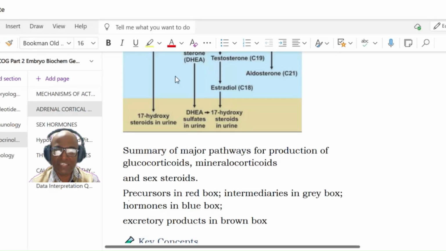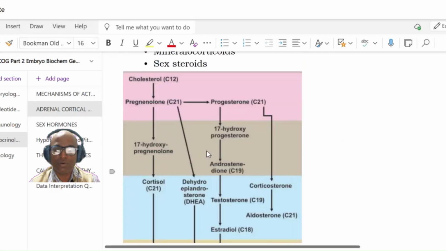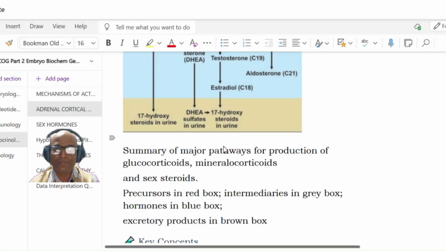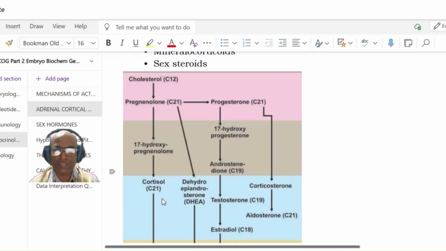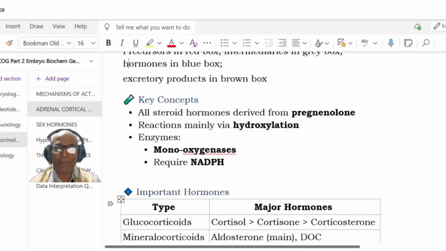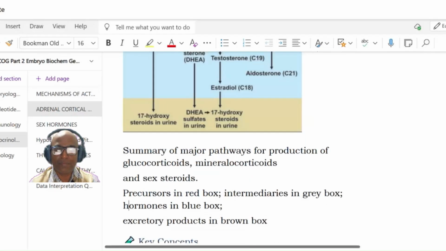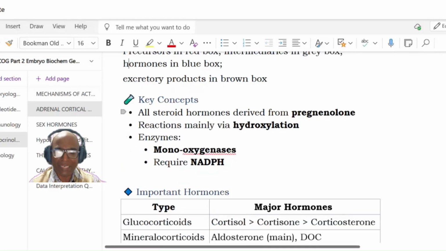Precursors are in the red box: cholesterol to pregnenolone to progesterone. Then the intermediate products in the gray box and the main hormones in the blue box. Cortisol, DHEA, testosterone, aldosterone are the main hormones, while the excretory products are the 17-hydroxysteroids in the urine and DHEA sulfate. So these are the metabolites.